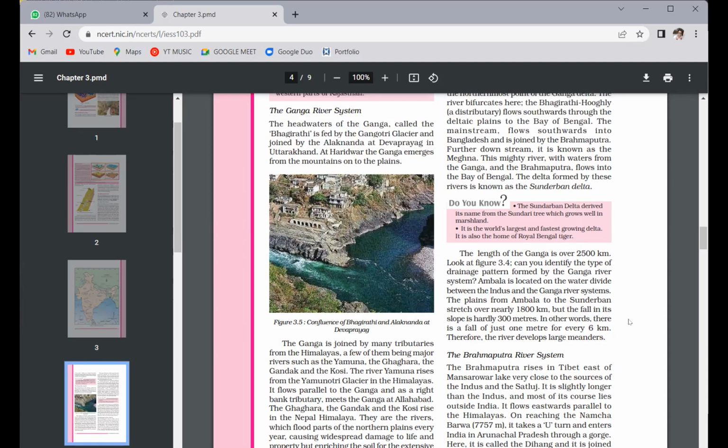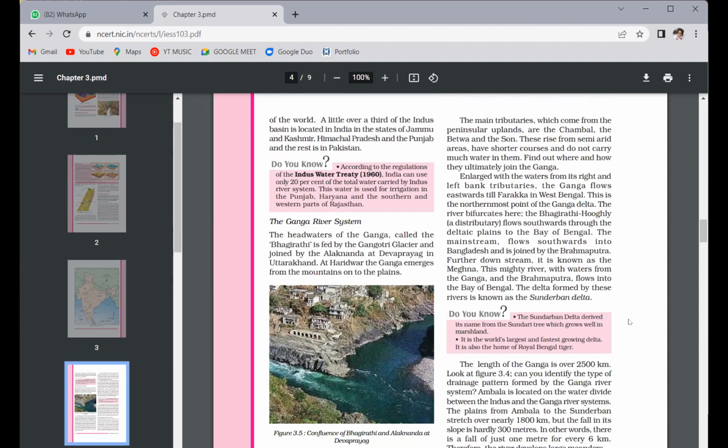Enlarged with the waters from its right and left bank tributaries, the Ganga flows eastwards till Farakka in West Bengal. This is the northernmost point of the Ganga Delta. The river bifurcates here. The Bhagirathi Hooghly flows southwards through the deltic plains to the Bay of Bengal.